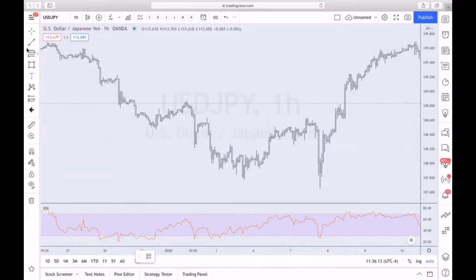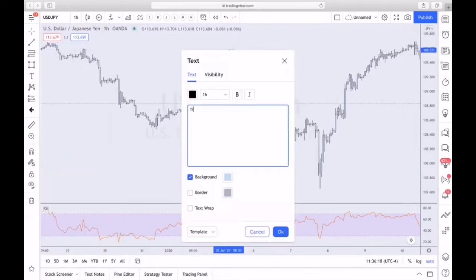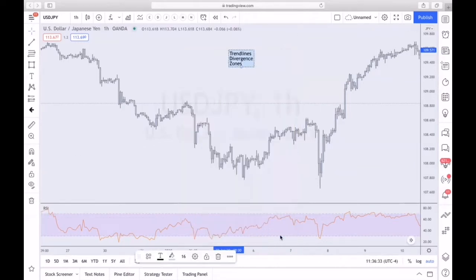What we're going to be going over today are trend lines, divergence, and zones. These are very critical confluences that I use to help me analyze the market and execute my trades. The first one I'm going to go over is trend lines.